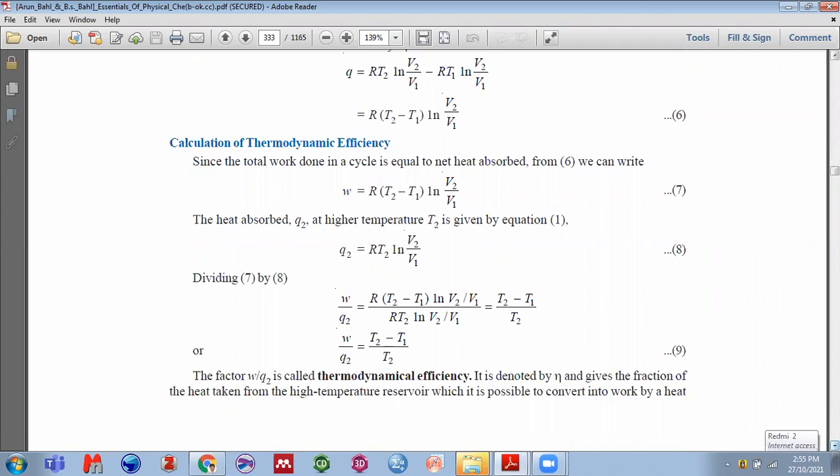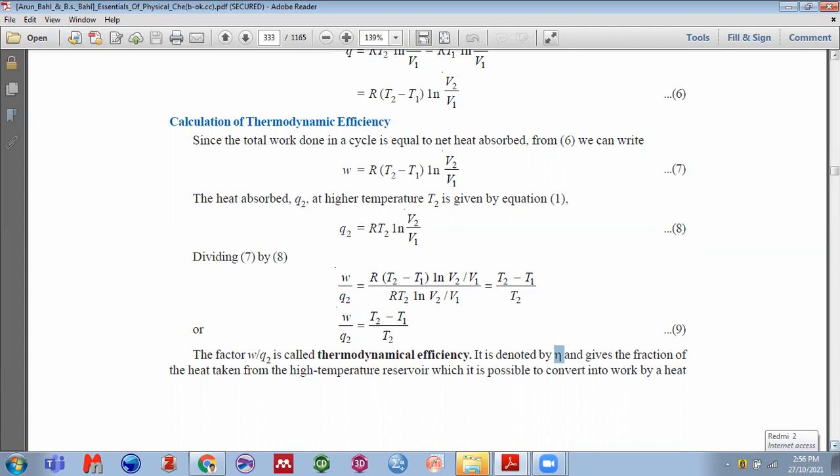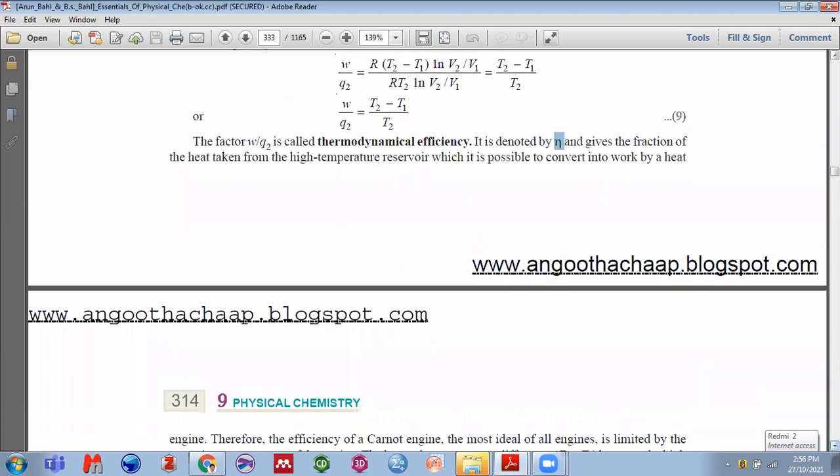It is denoted as eta. This symbol is eta. And it gives the fraction of heat taken from the high temperature reservoir which it is possible to convert into work by a heat engine.